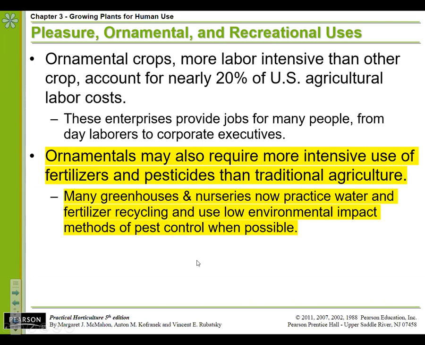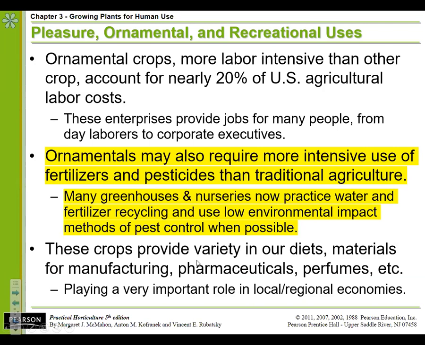So that stuff's actually becoming more sustainable. A lot of these crops can actually have uses too. In some cases, they can be used in our diets. They can be materials for manufacturing, pharmaceuticals, etc. So they also play a very important role in local and regional economies other than just being ornamental plants.